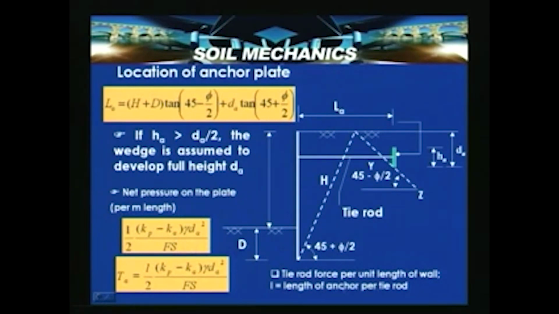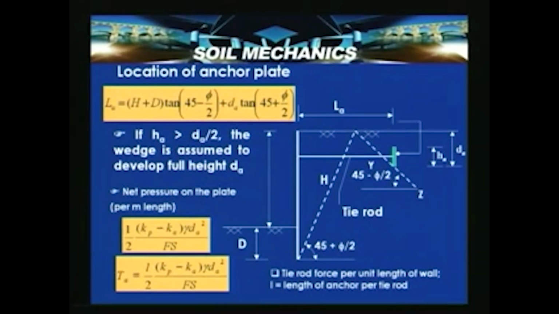So, now the tie rod force per unit length of the wall can be determined by using this expression. Ta is equal to half Kp minus Ka into gamma dA square by factor of safety, multiplied by L, the length of the anchor plate per tie rod. So, in this particular procedure what we have discussed is that we have to design the value D and increase it again by 20% for safeguard against cover and other reasons which we discussed.